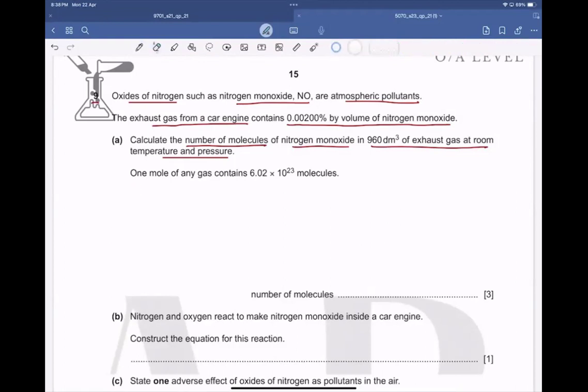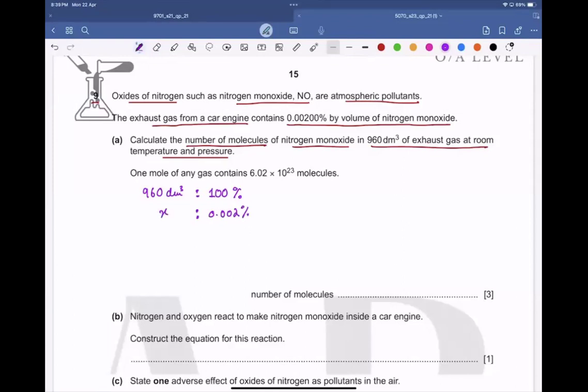So 960 is the total volume of the exhaust gas. So it means that 960 dm cube is how much percent? It's the 100% volume. Now we need to know 0.002%, which is the volume of NO, nitrogen monoxide.